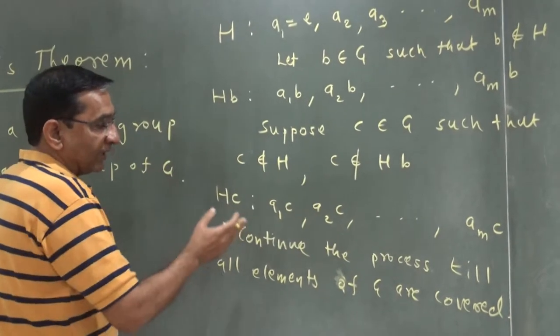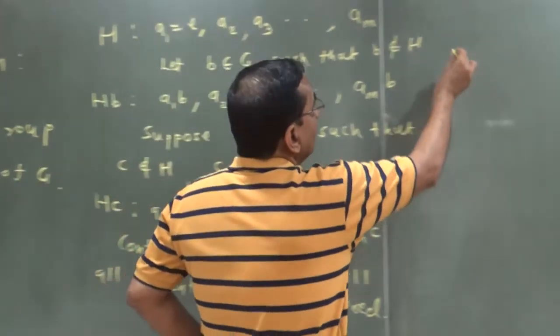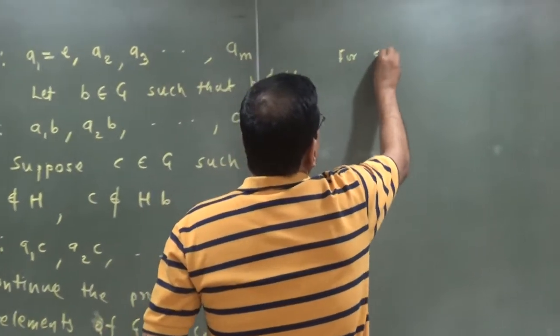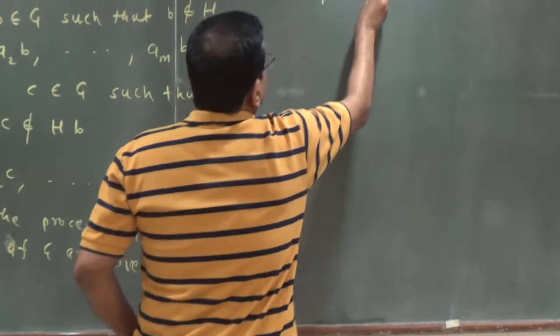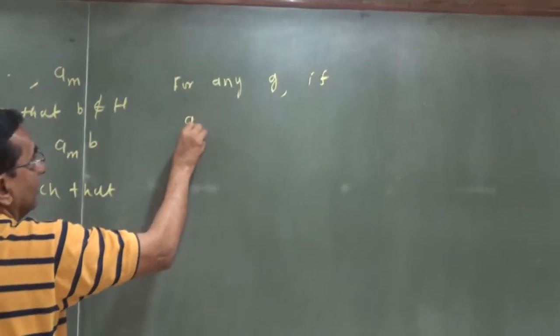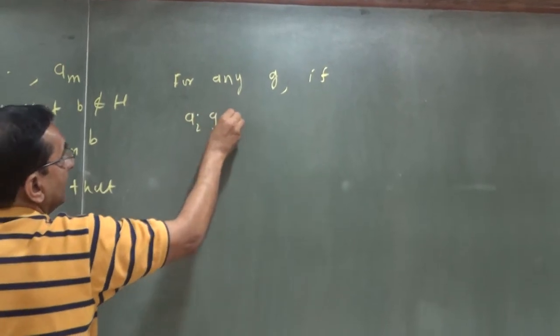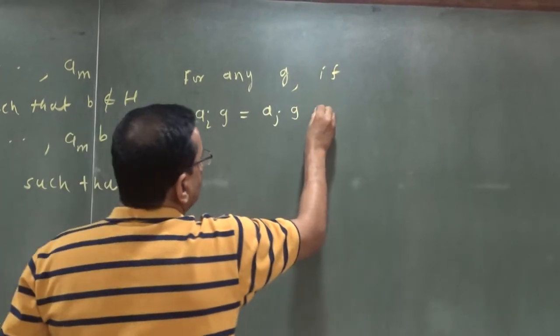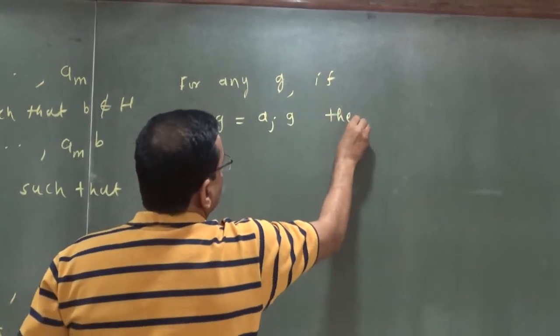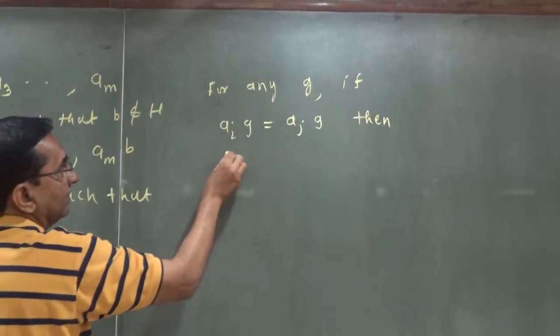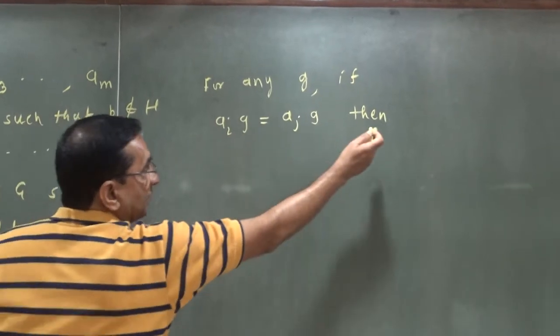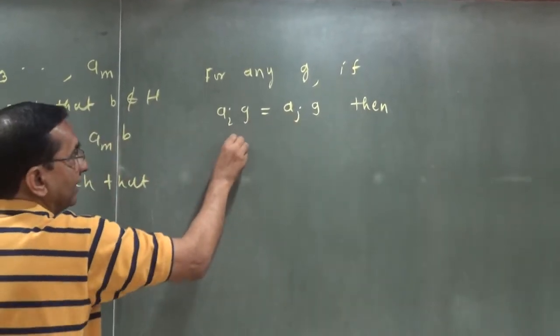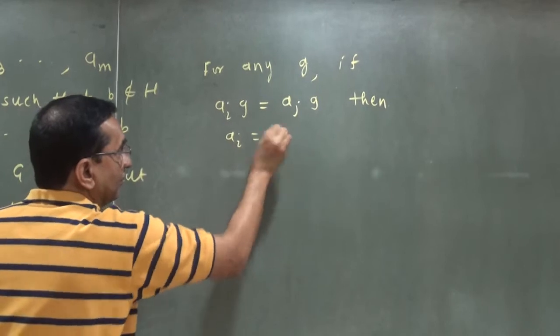Okay. So for any g, if AIg is equal to AJg, then G being a group, we can multiply by g inverse from the right and we have AI equal to AJ. Okay.